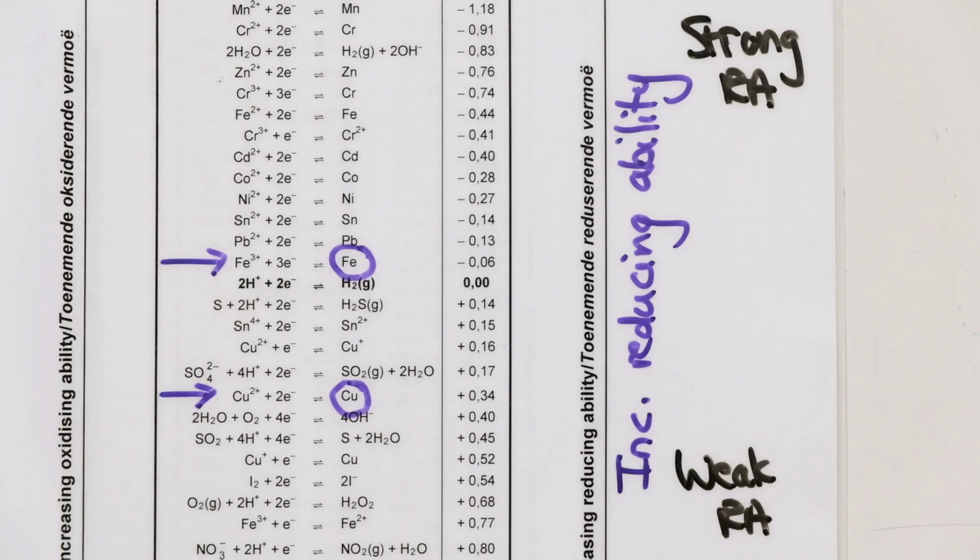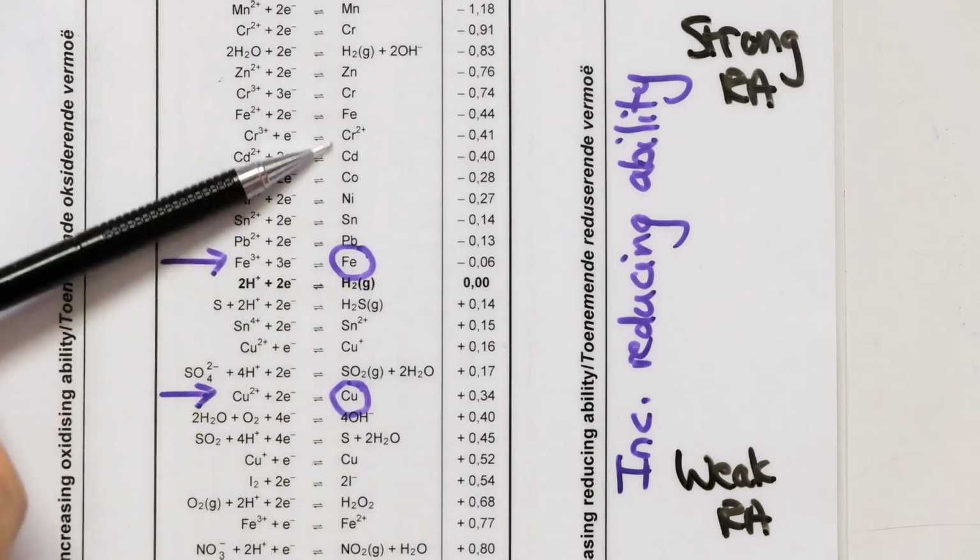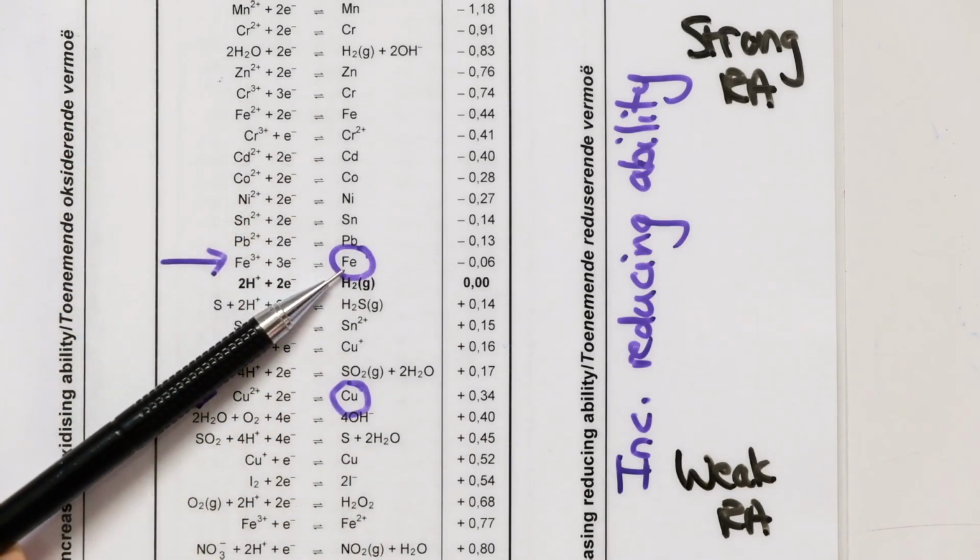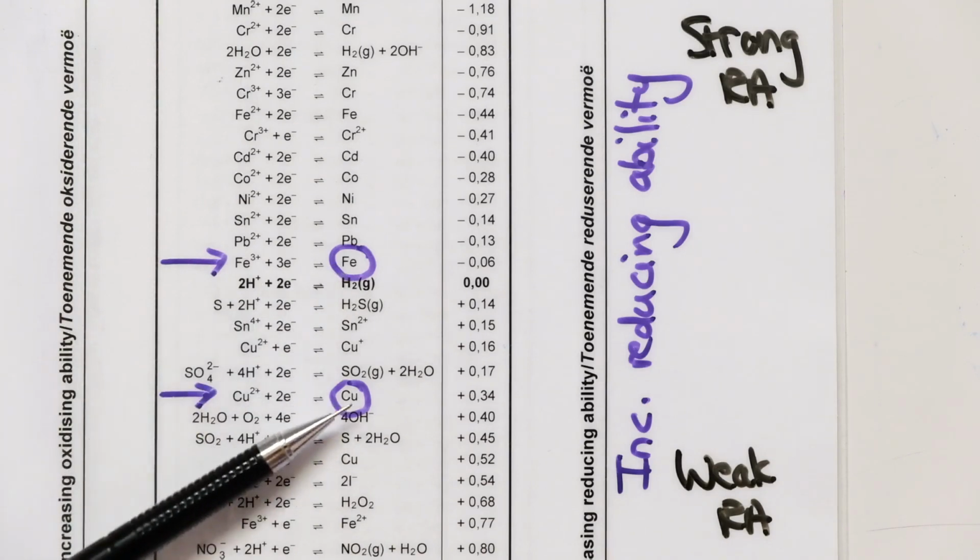If we look at the right hand side where our reducing ability is, which is what they are referring to, because in 8.1.3 we said that iron is acting as a reducing agent, we only look at the right hand side. Iron is higher up, so it is a stronger reducing agent than copper.